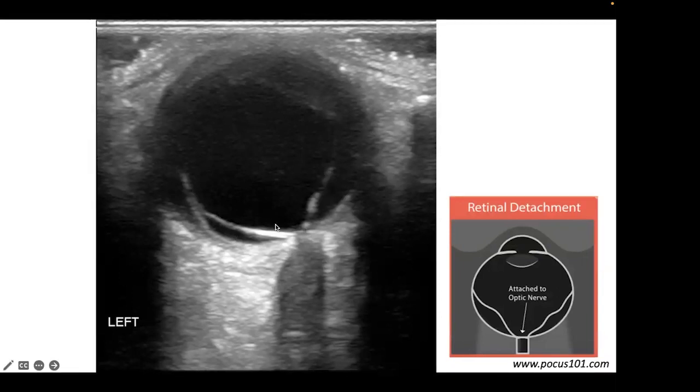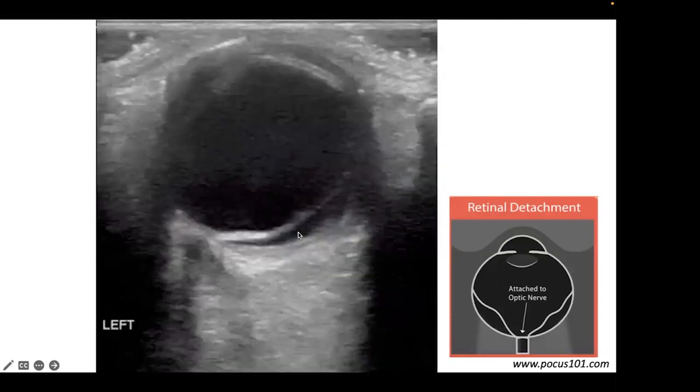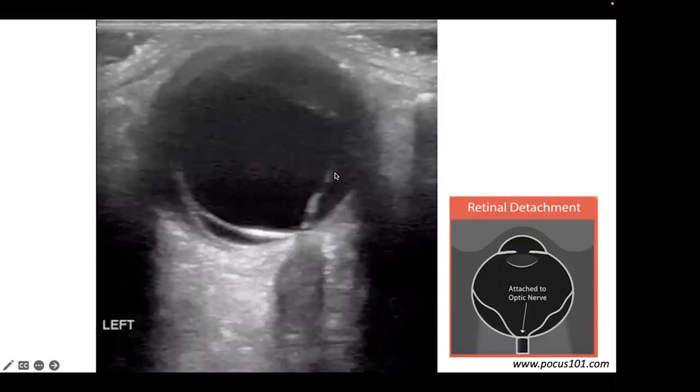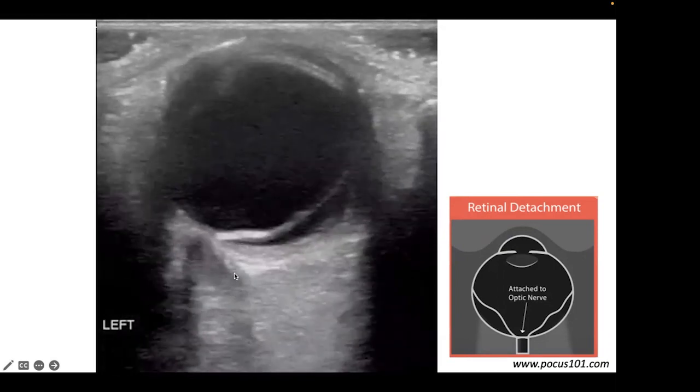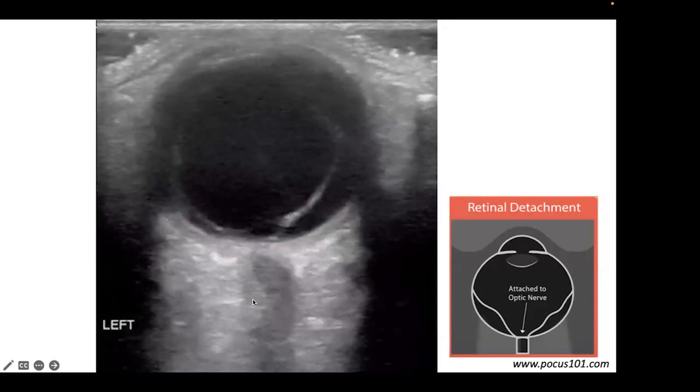The hyperechoic retina will detach from the posterior portion of the eye, and typically will still be attached at the optic nerve.